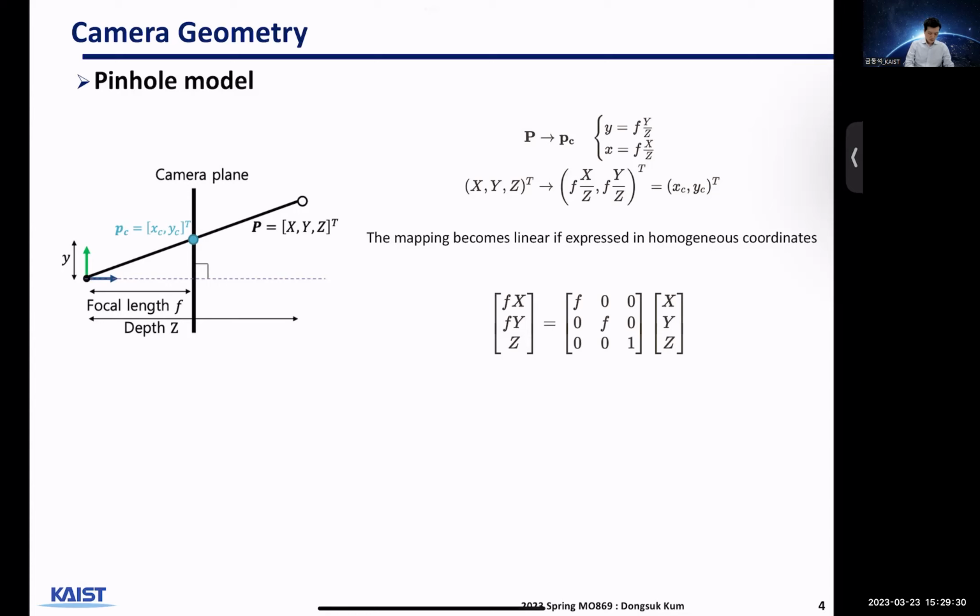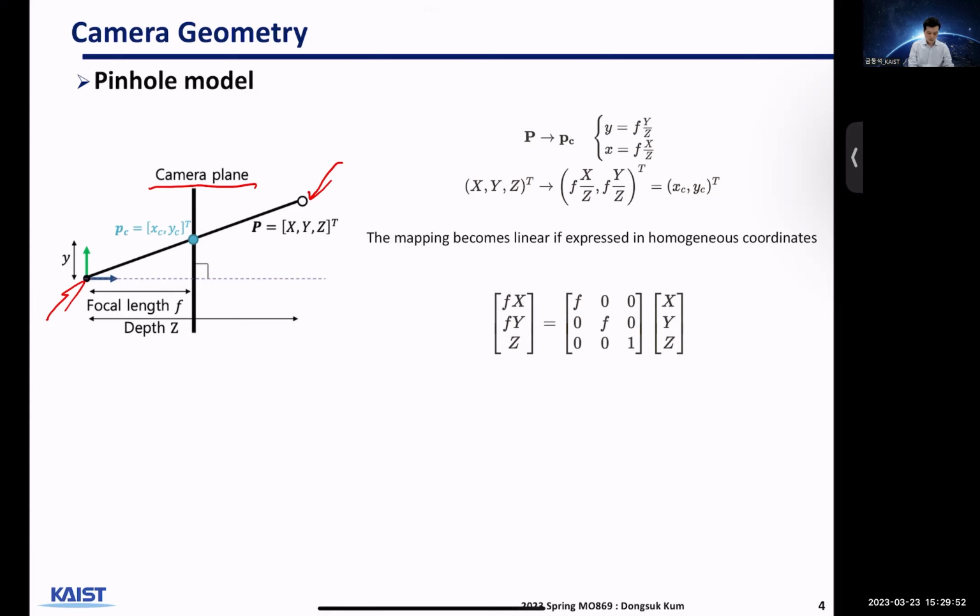So let's say there is a point in 3D space, and we have this focal point, and we have a camera plane somewhere in the middle.